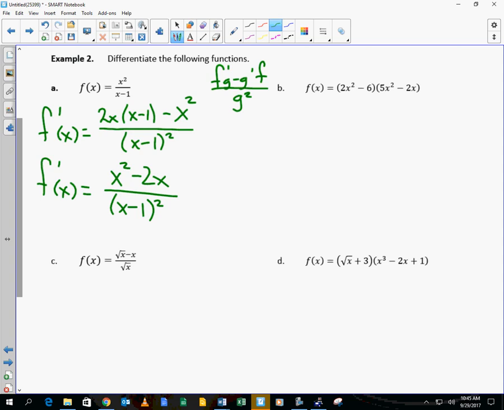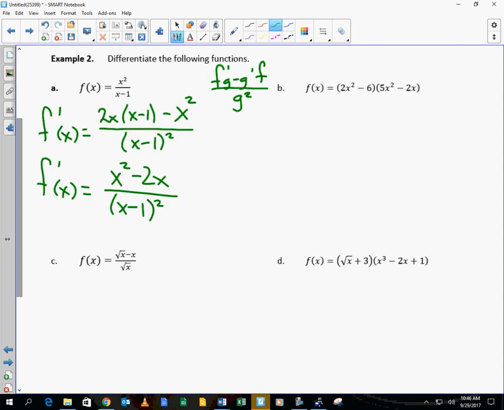Leave the denominator in factored form, this will help you identify something important. For example, if you look at the original function, that function is discontinuous at some point. What x value is it discontinuous at? It's discontinuous at 1, because if you plug in 1, you would get 0 in the denominator. It would be undefined. It's a vertical asymptote that occurs at 1.